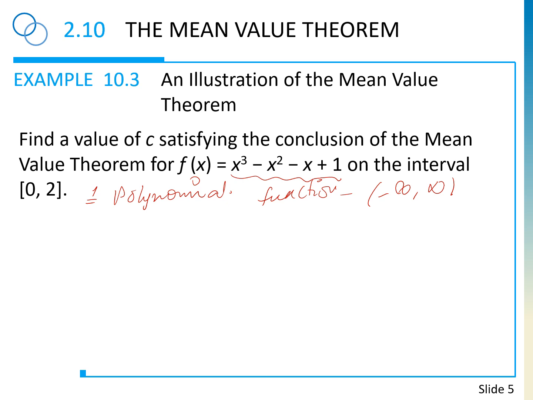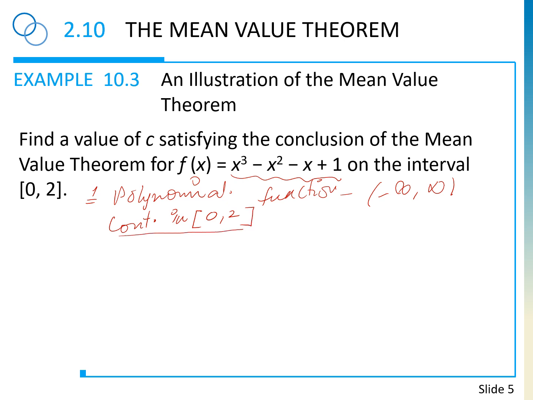Whatever value of x you put in the function, you get some answer. You don't get any undefined value. That's why you can say that the function is continuous in the closed interval of 0 and 2.